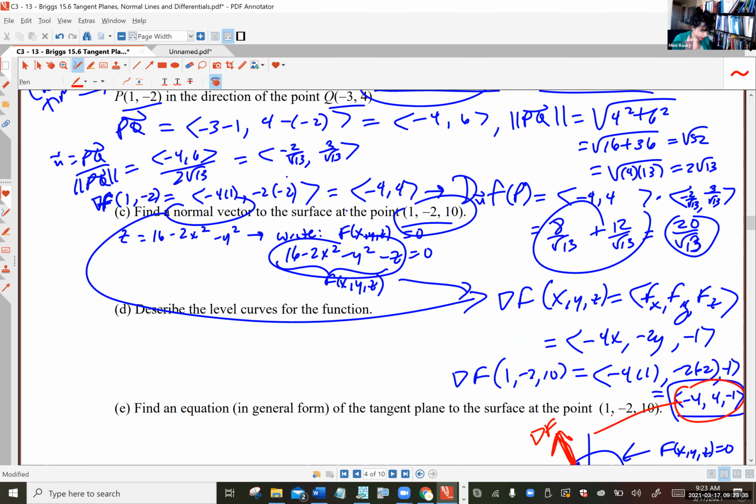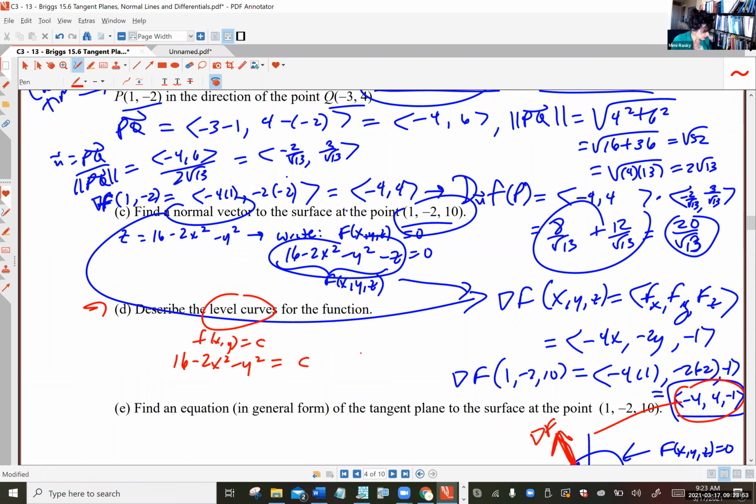Fine. Now, letter D, let's describe the level curves for this function. Level curves is where you set little f equal to a constant. So 16 minus 2x squared minus y squared equals some constant.